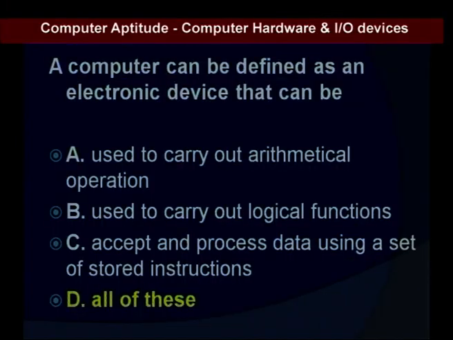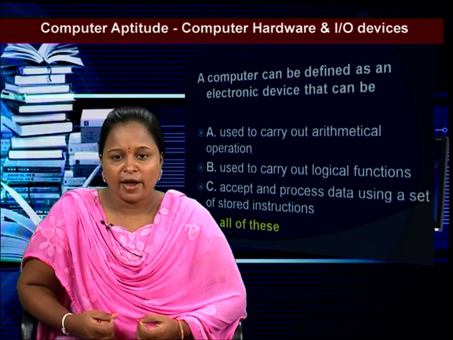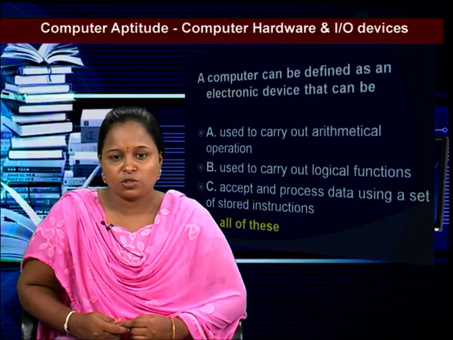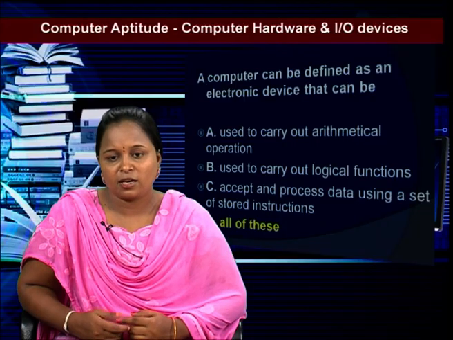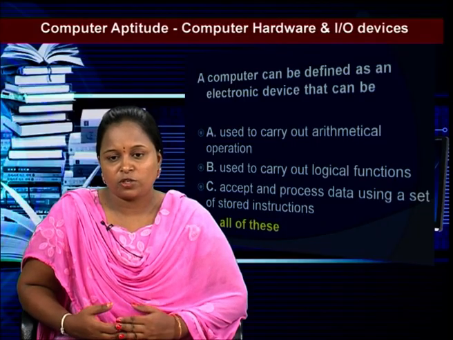A computer can be defined as an electronic device that can be used to carry out arithmetic operations, carry out logical operations, and accept and process data using a set of stored instructions, with different types of arithmetical operators and functions. Stored instructions are like programs, different types of programs.